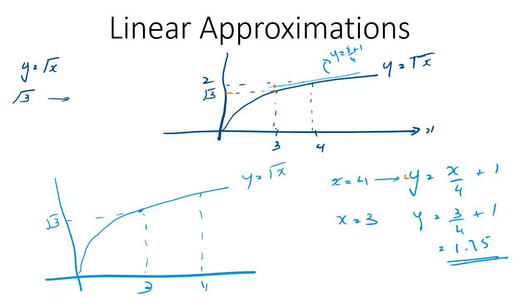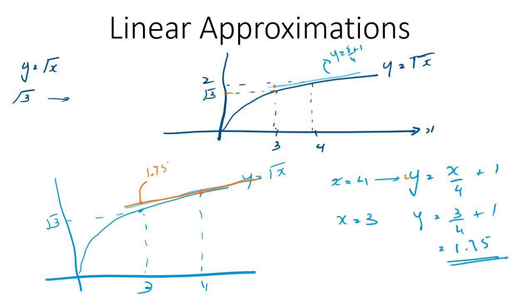And if we draw the tangent line, that's the place where the tangent touches y equals square root of x, and this point would be 1.75 because the equation of the tangent is y equals x over 4 plus 1.